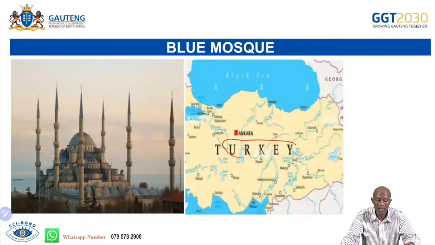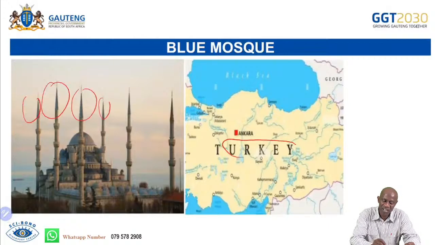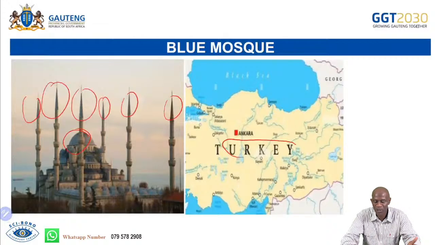the picture or the structure as you can see it, and what makes it unique is these tall points that you can see here, 6 of them in number, and a dome-shaped structure on the top.